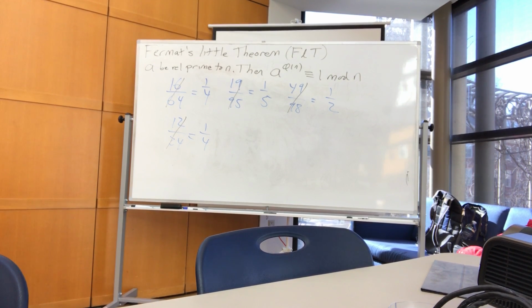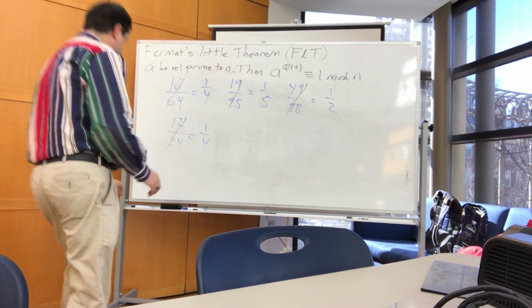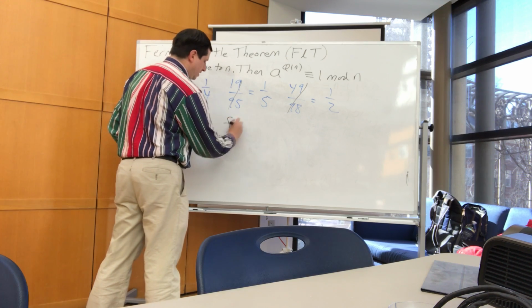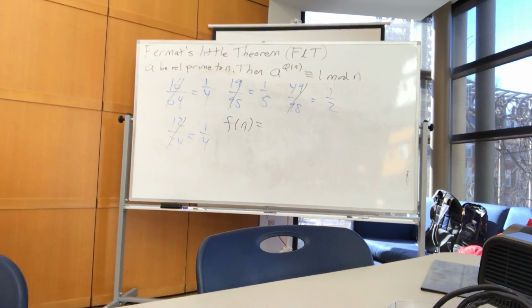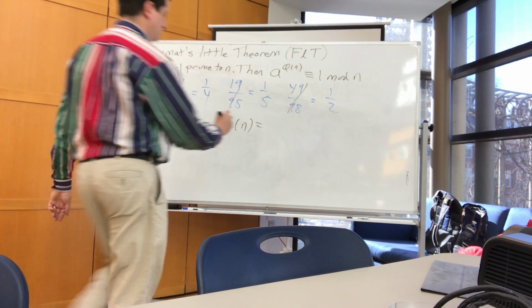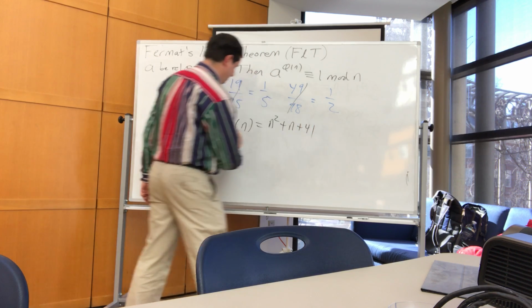Oh, absolutely. And the other one I like is the Euler prime polynomial. So, consider the function f of n is n squared plus n plus 41.